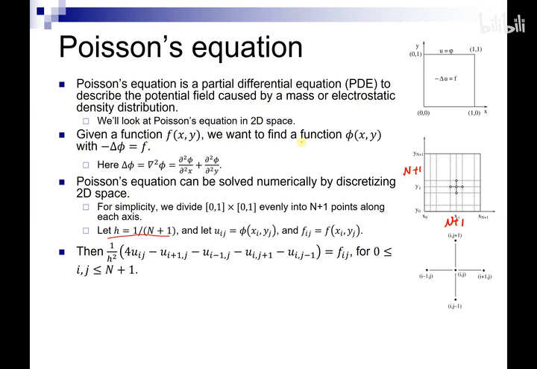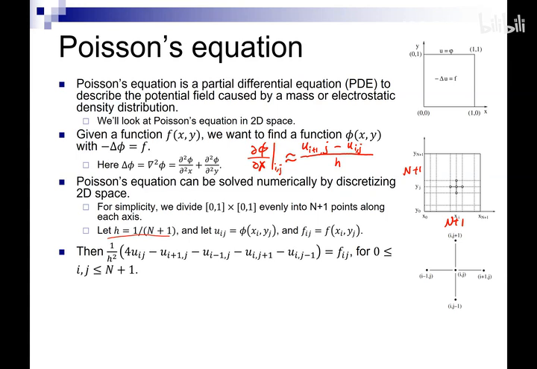So we have u of i plus 1, j minus u of ij, divided by h. This is approximately equal to the derivative of phi with respect to x at this point ij, because it's just an approximation for the derivative.